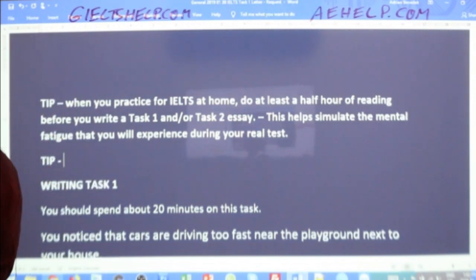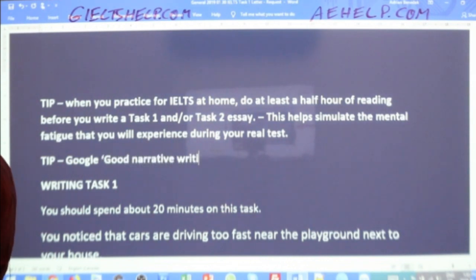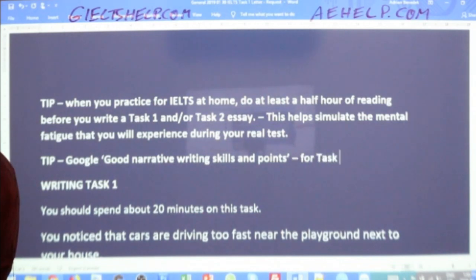Okay, so here's a Googling tip. Google good narrative writing skills and points, for task 1 General IELTS.